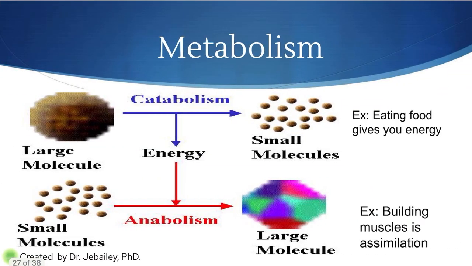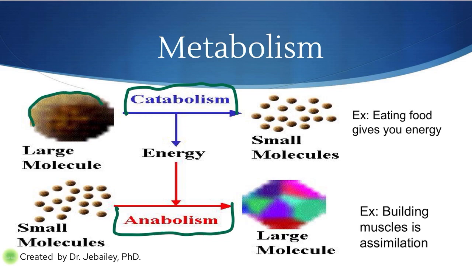And with that, we talk about these two. The catabolism, which is actually to break things down, and anabolism, which is to make things up. So for example, catabolism here, you can see this is a large molecule. And what happened is, it is breaking down into small little pieces. So it's just like you eating food, right?